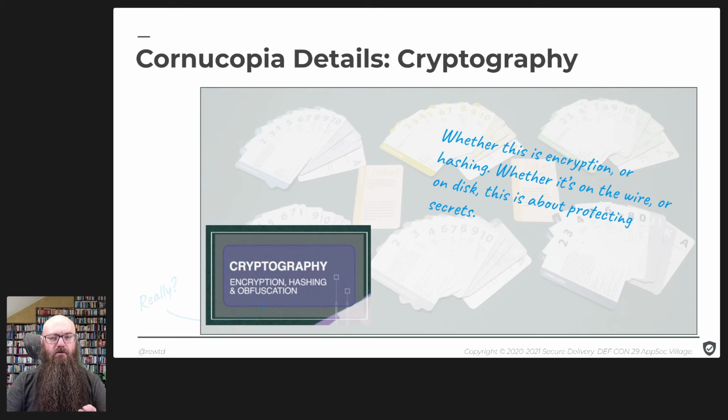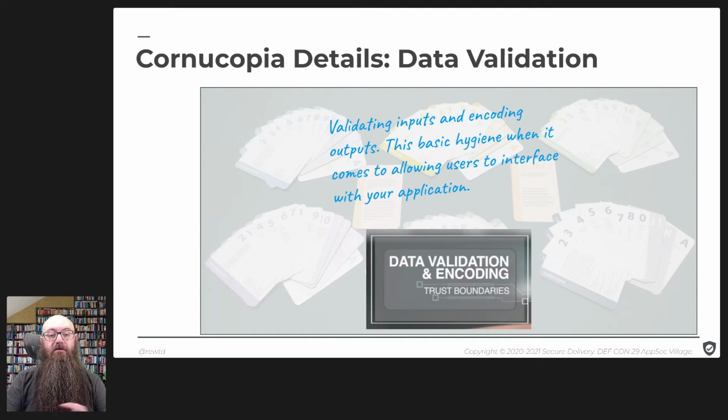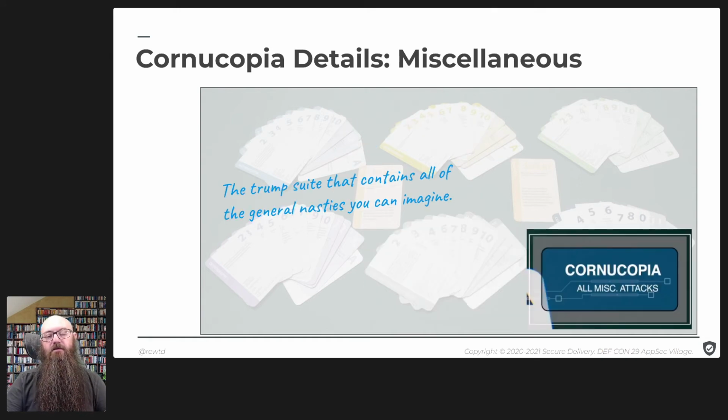You know what I mean. Come on. Anyway, moving along. Data validation and coding, which is making sure that anything that crosses a security or a trust boundary is safe. And then a catch-all, because stuff doesn't always just work out. It never fits nicely.